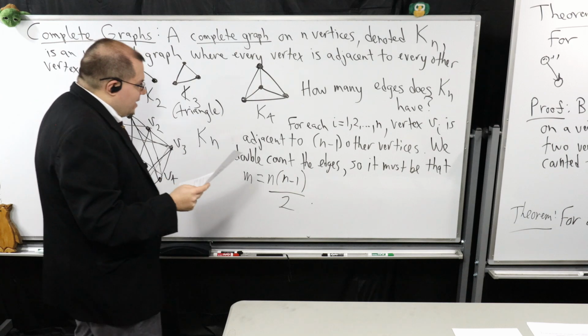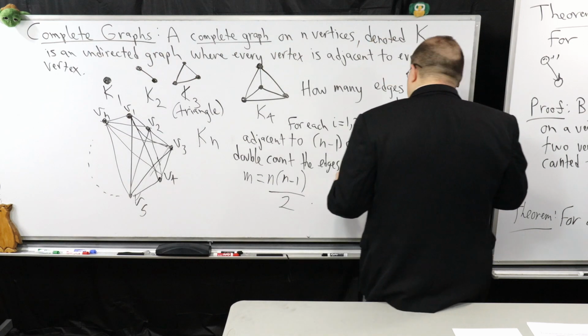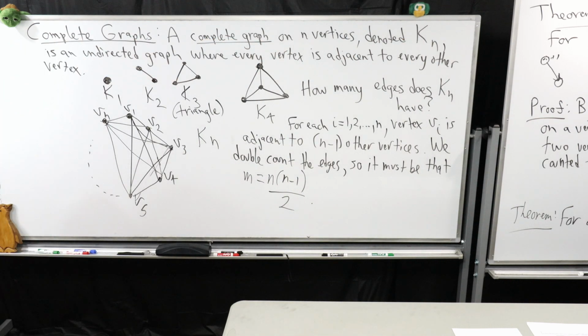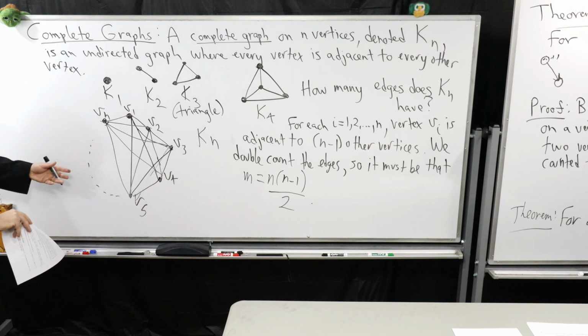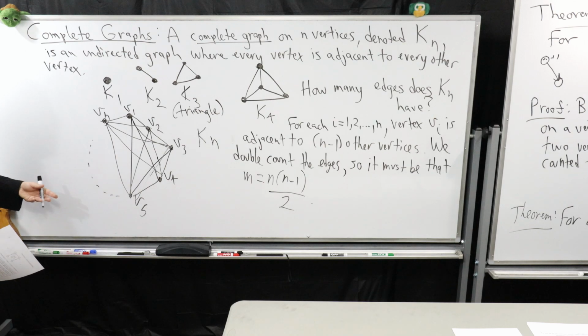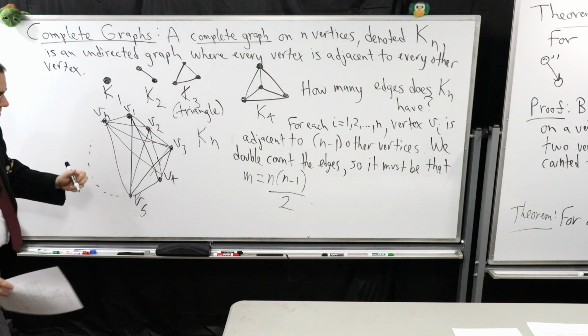Think about this for one moment. The reason why I want to show you complete graphs is that complete graphs have the largest number of edges possible in a simple graph. Remember, simple graphs don't have multi-edges or loops. You can't have more than putting every edge so that every vertex is adjacent to every other vertex.